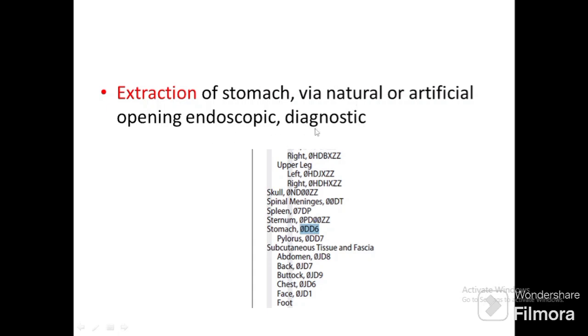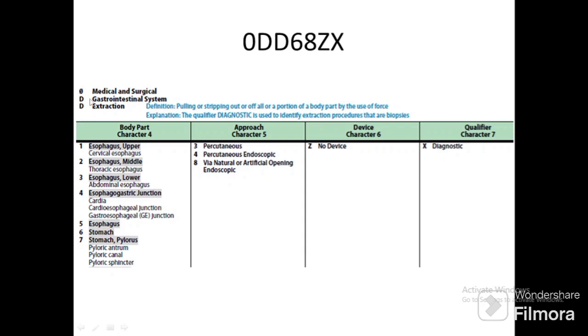All these details will be provided in the chart. So under extraction we should search for stomach, so 0DD, and when we go to table 0DD, and under 0DD search for stomach, stomach here 6, via natural or artificial opening, endoscopic and no device and diagnostic. So if the patient chart mentioned percutaneous endoscopic or percutaneous, you should code accordingly, you know.